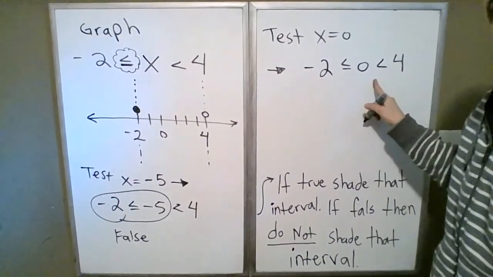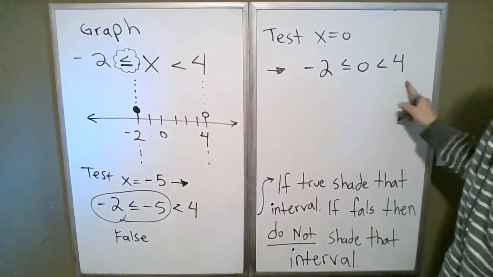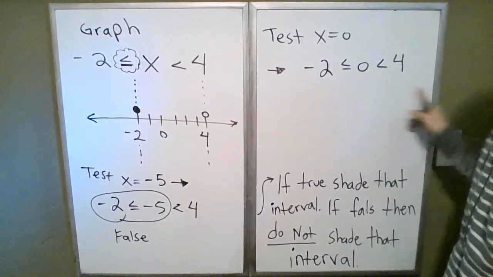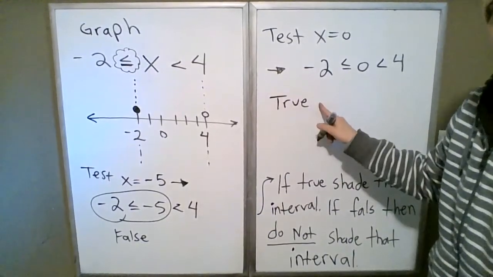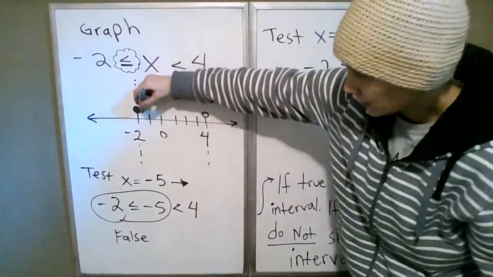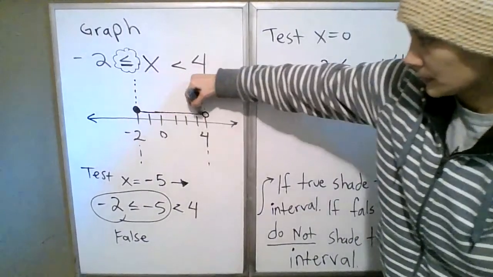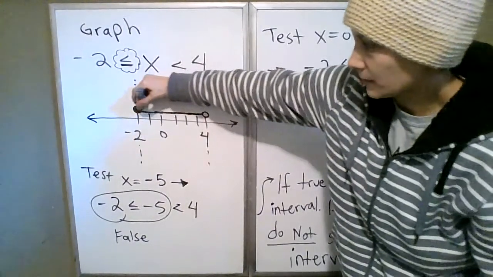This part is true. This part also true. So if this whole statement is true, I can shade over that section.